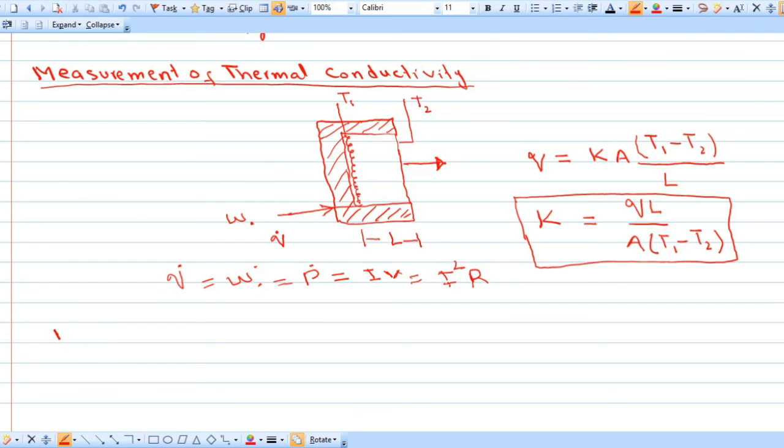Lorentz number is the ratio between thermal conductivity and electrical conductivity and is given by L is equal to K over electrical conductivity into absolute temperature T. It means for metals the ratio of thermal conductivity to the electrical conductivity is constant and this increases with the increase of temperature.